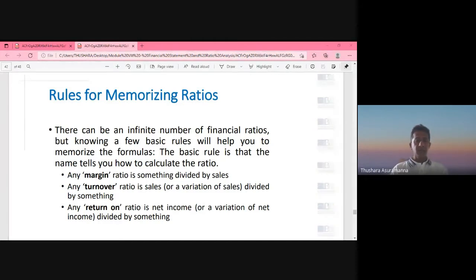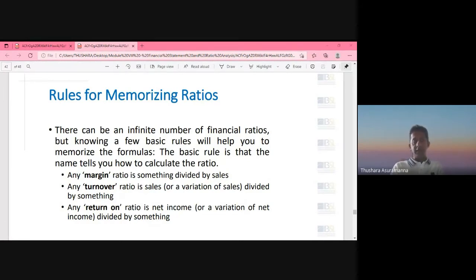There are basically three rules that we can make use of for memorizing purposes. First one: any margin ratio is something divided by sales. Let's say if you have forgotten one of the ratios, but the particular ratio comes with margin, like NP margin, OP margin, GP margin, that means GP divided by sales, NP divided by sales, OP divided by sales.